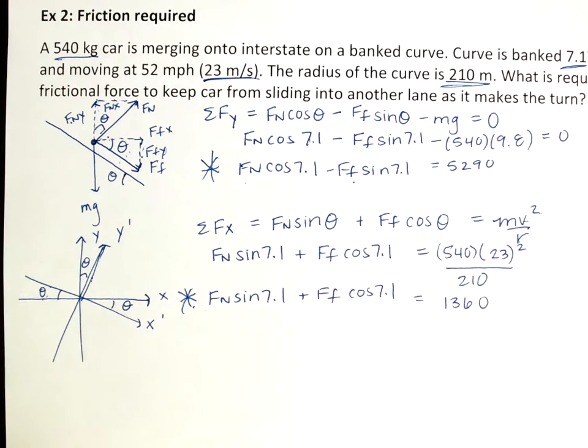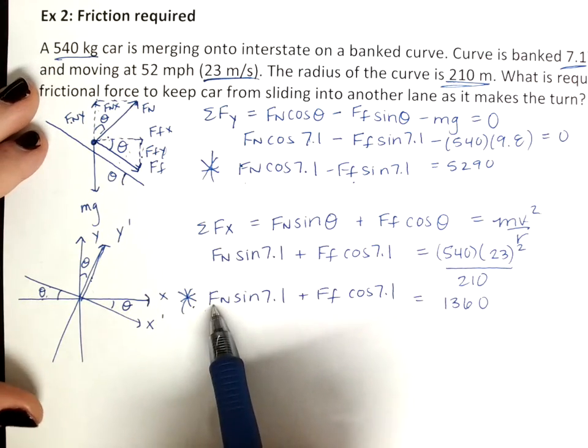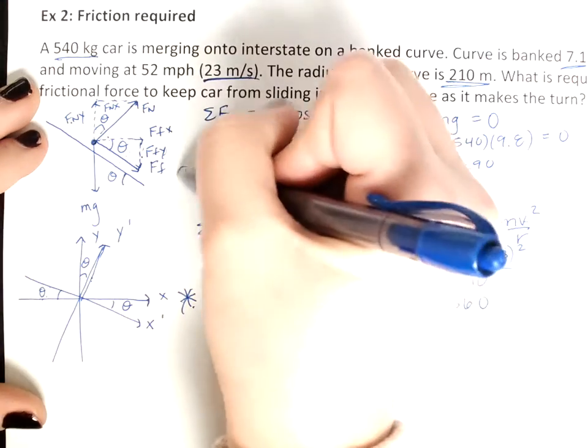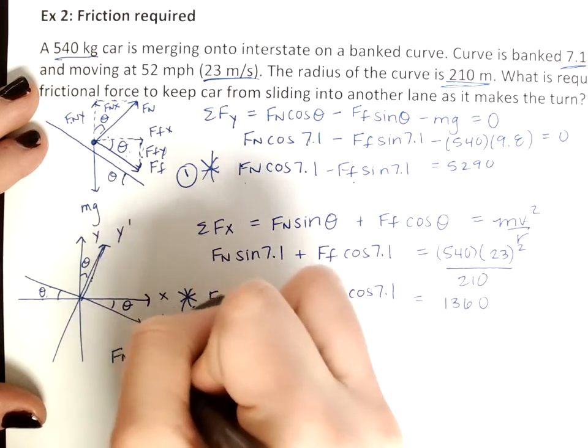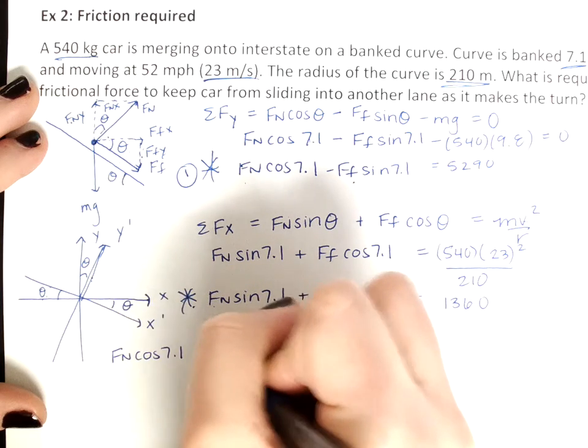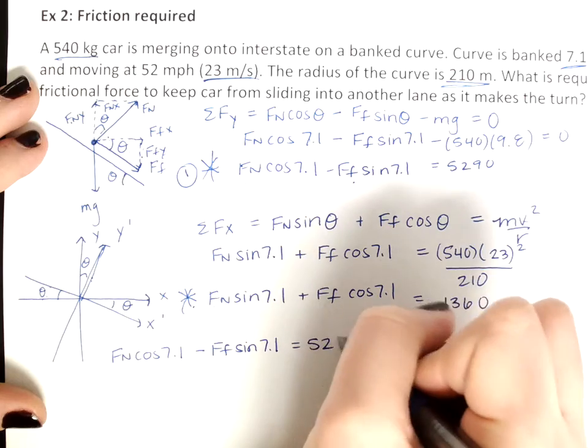Okay, so if you're going to solve this problem, we know that we have two equations and two unknowns. So I'm going to take my first equation up here and solve for normal force. I'm just picking, it doesn't really matter. So Fn cosine 7.1 minus F of friction sine 7.1 equals 5,290.